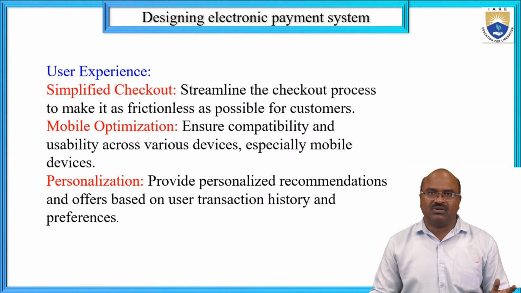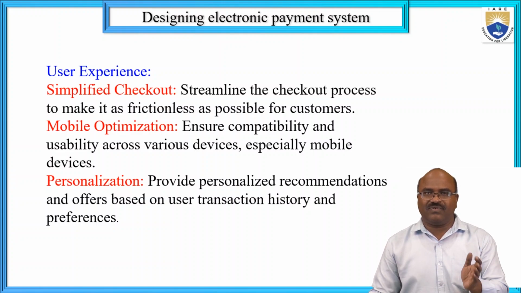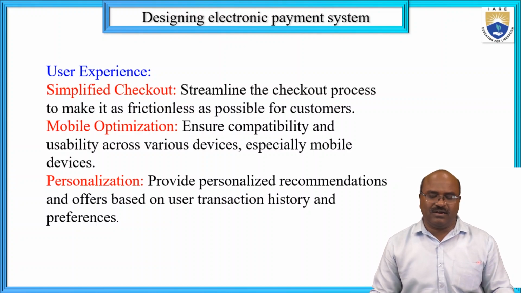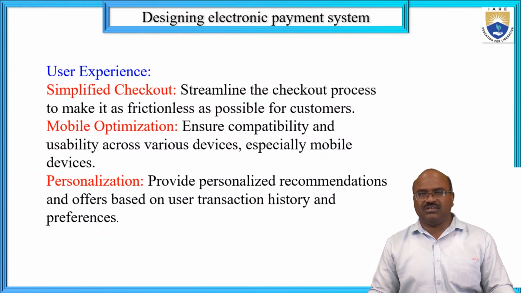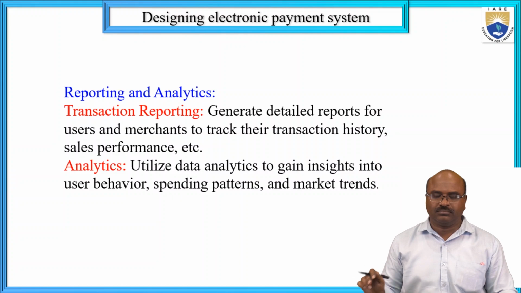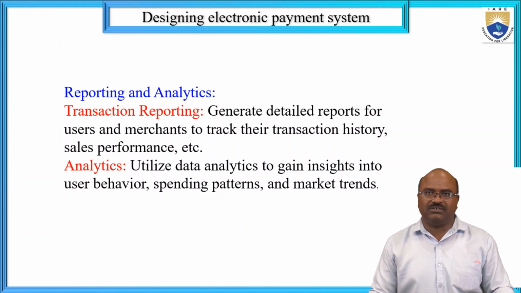Here the personalization activity can store the history and further preferences. So for the user experience, these three things are required: one is simplified checkout, mobile optimization, and thirdly personalization. These three are very important concepts from the user experience in designing an electronic payment system in the e-commerce business.